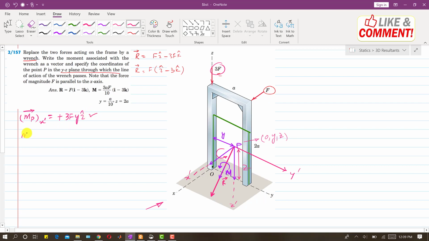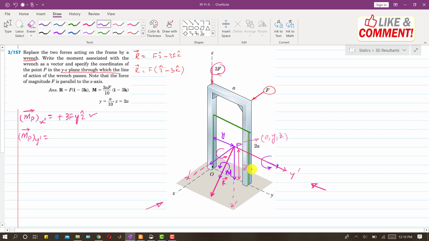So now to find the moment at point P along the Y dash axis, we will observe these forces from this direction. So this force is producing a moment about the Y dash axis, and the direction of that moment will be like this. And if we curl our right hand fingers, the thumb direction will be in this direction, and the perpendicular distance between this force and this Y dash axis will be 2A minus Z, right?